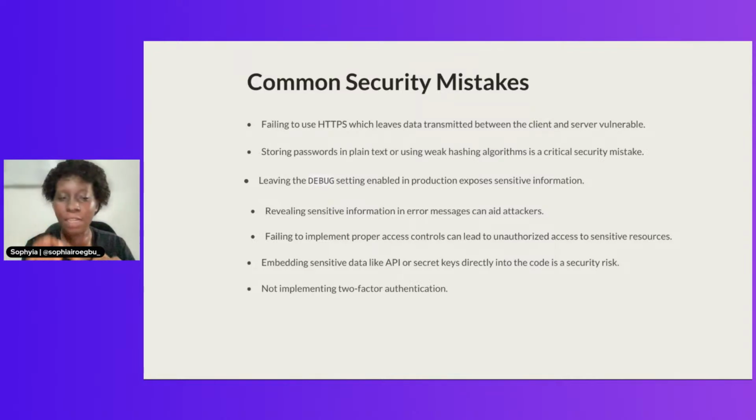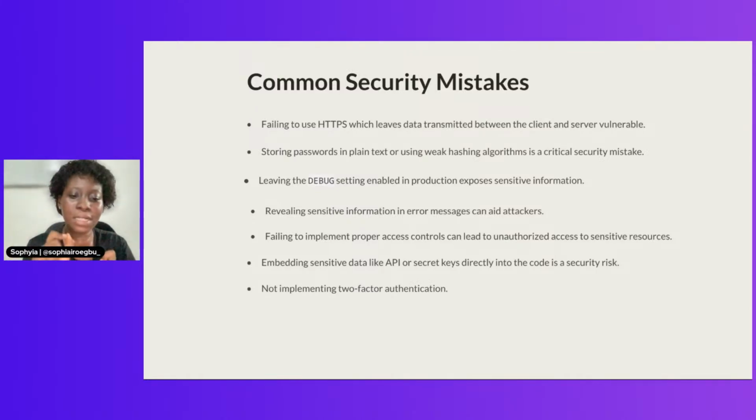This debug setting is there to help you as the developer to debug and catch issues before you deploy your project. So enabling this setting in production will leave your application vulnerable.